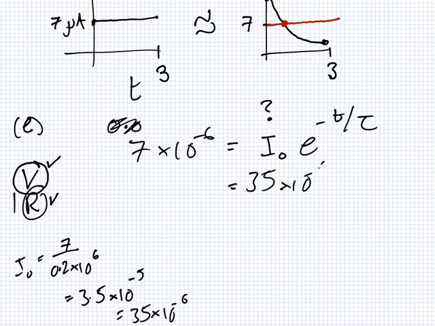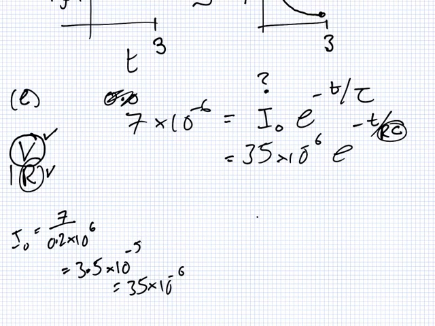35 times 10 to the minus 6, e to the minus t over RC. Did we work out RC earlier? Yep. Isn't it 3.5 times 10 to the minus 4? She just told me 10 to the minus 5, 3.5. It's minus 4. We can correct the mistake if there is one later.